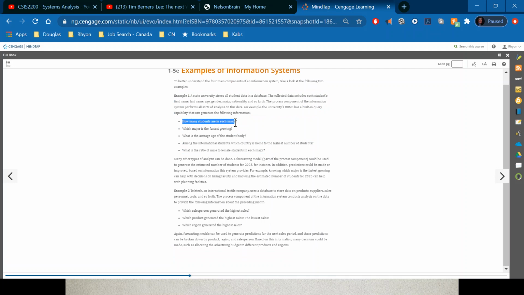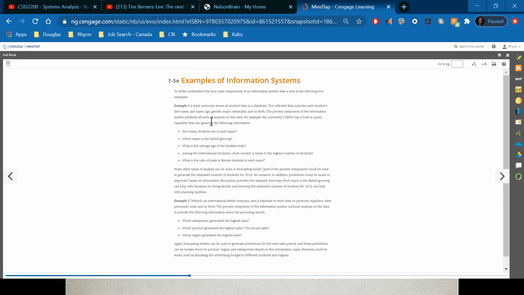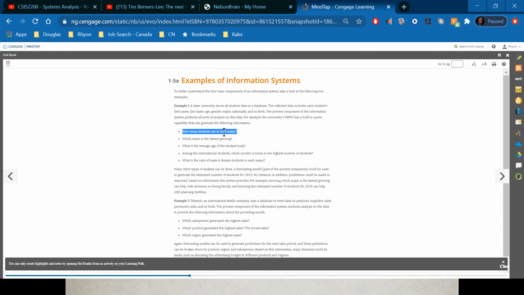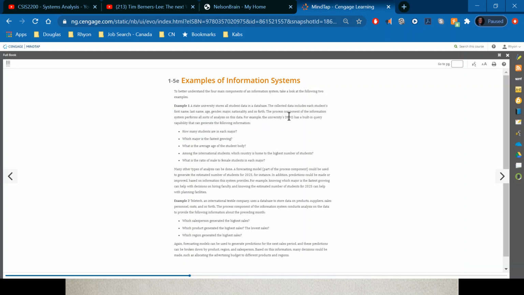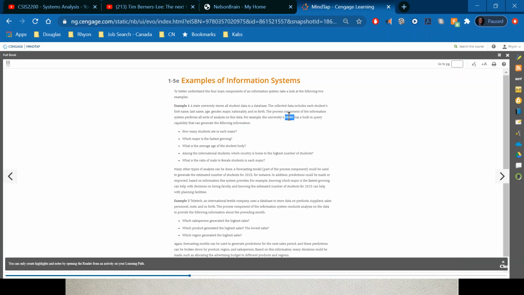How many students are in each major? These are questions that you can ask. It's very, very important that you're able to look at a management system and ask meaningful questions. You really have to put your thinking cap on, and to ask these questions, you really have to understand what your company is, what database management information you actually collect, and how the database is structured, so that you can then ask those questions.